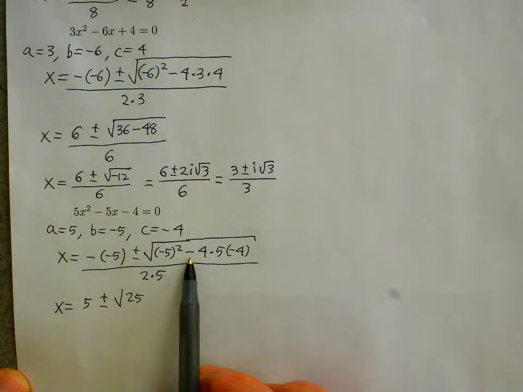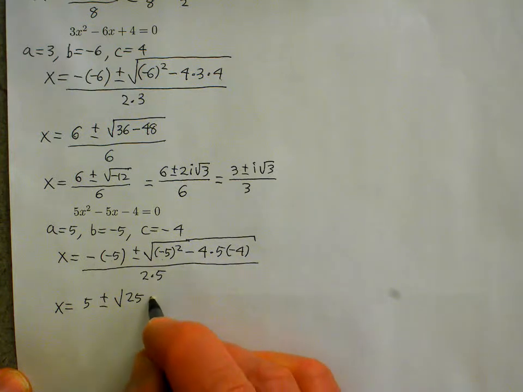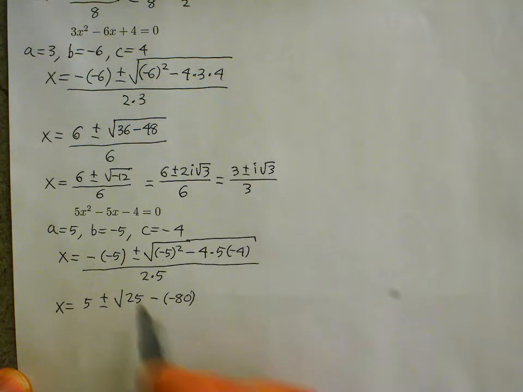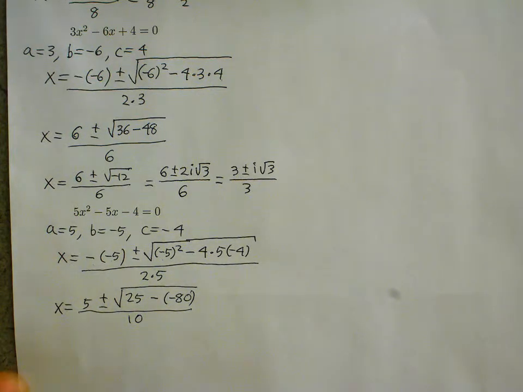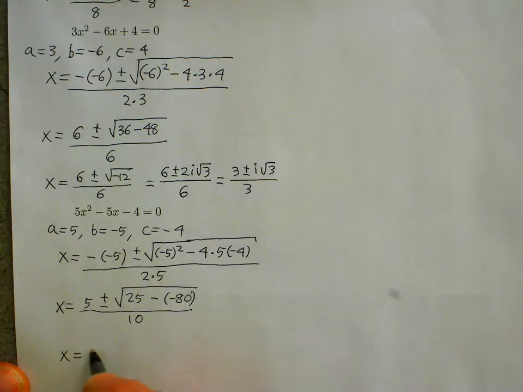And we're subtracting 4 times 5 times negative 4, so we're subtracting negative 80, and dividing it all by 10. 2 times 5 is 10. So inside the square root, 25 minus negative 80 is 25 plus 80.